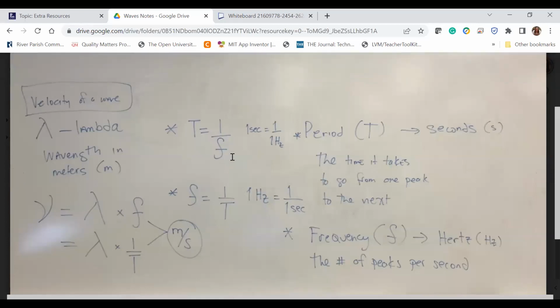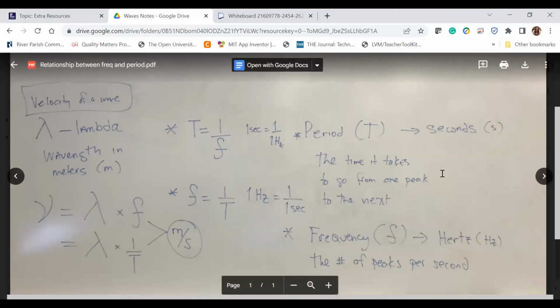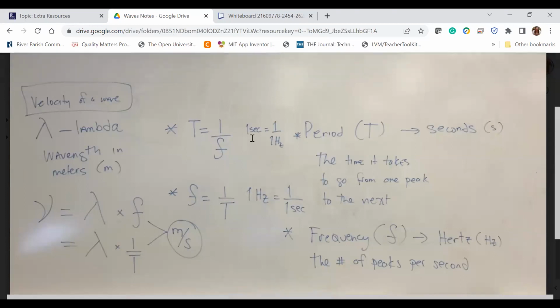And recall the relationship between period and frequency. Period is the time it takes to go from one peak to the next in our wave. And the unit is seconds. And the relationship between period and frequency is period equals 1 over frequency. Seconds equals 1 over hertz.